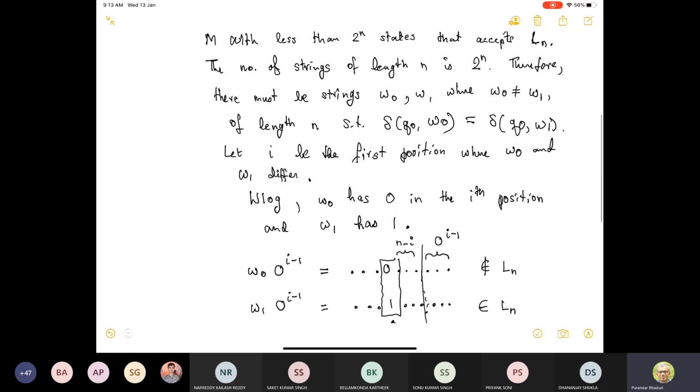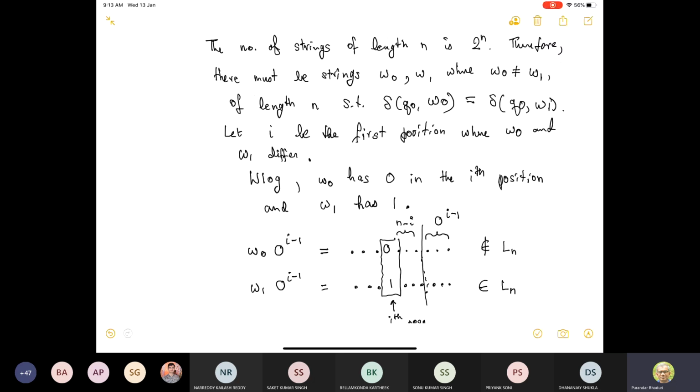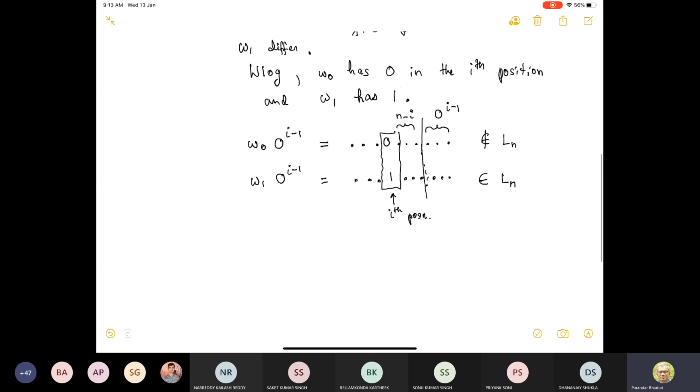There must be two strings which are distinct such that delta hat Q0 W0 is delta hat Q0 W1, which means that the machine reaches the same state after processing W0 and W1. So whatever state it reaches at this point, the remaining part of the two strings are same.